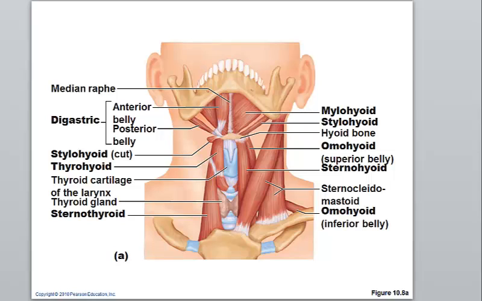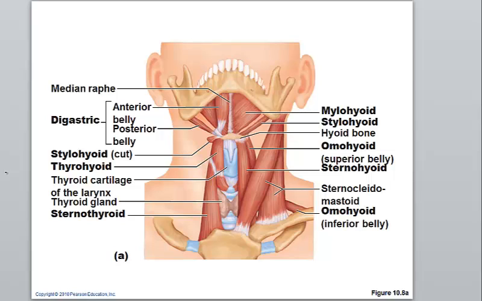These muscles help in swallowing and speech. For our sake, all I want you to do is list them. You don't need to know individual muscles and their actions, but as a group, what do they do? List the suprahyoid muscles, and as a group, what is their function?